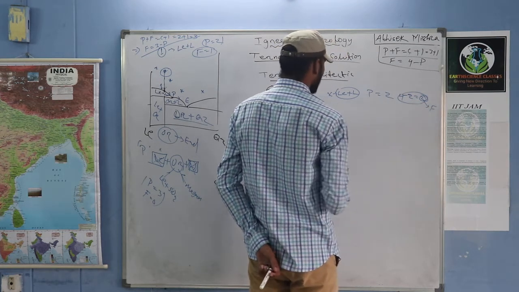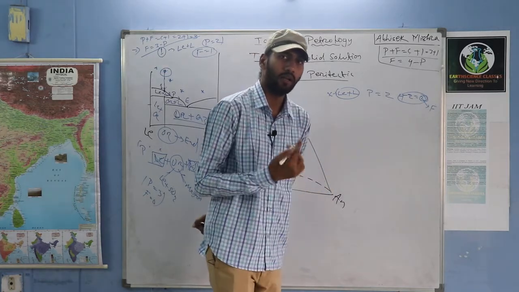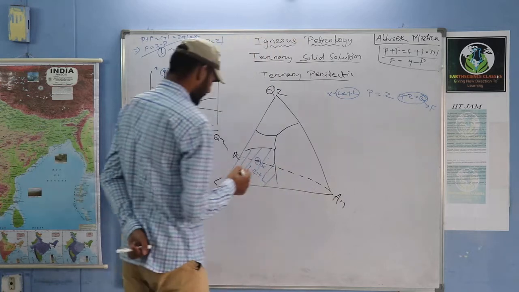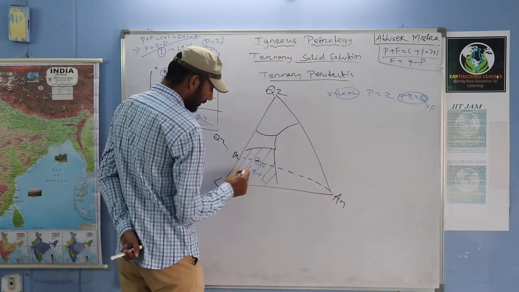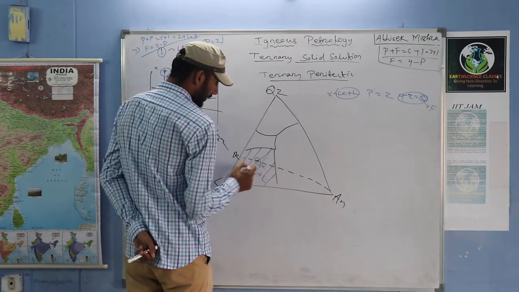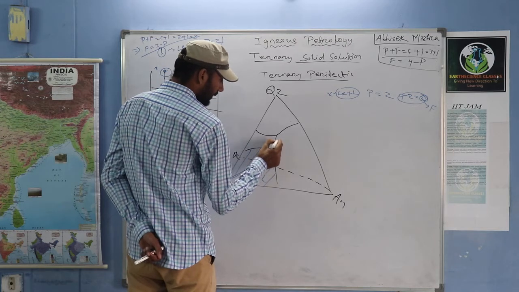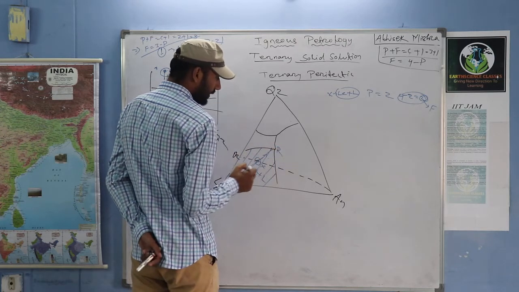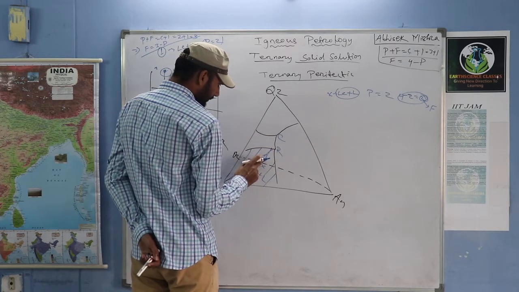When the degree of freedom becomes 2, what to do? You have to connect with the vertex, right? This is leucite, so you have to connect this leucite to this point, then it will move like this. Okay, this is your peritectic or reaction point, this is your cotectic, the ternary eutectic or cotectic.